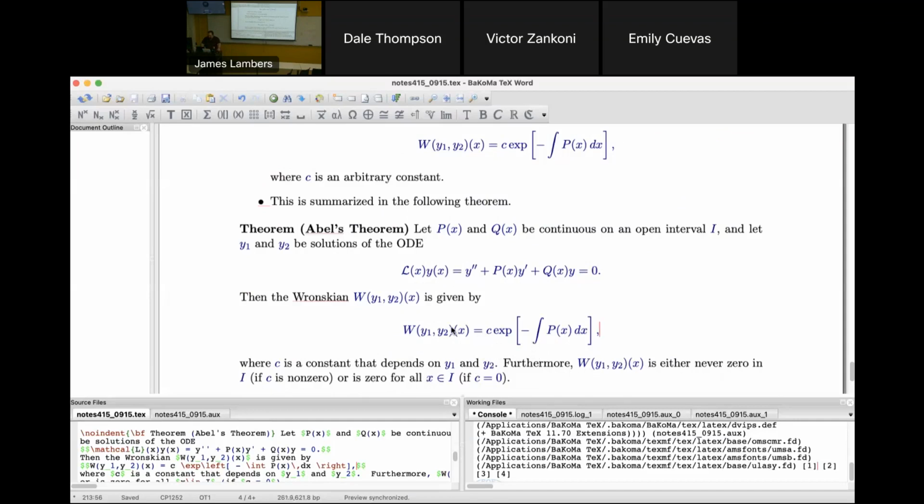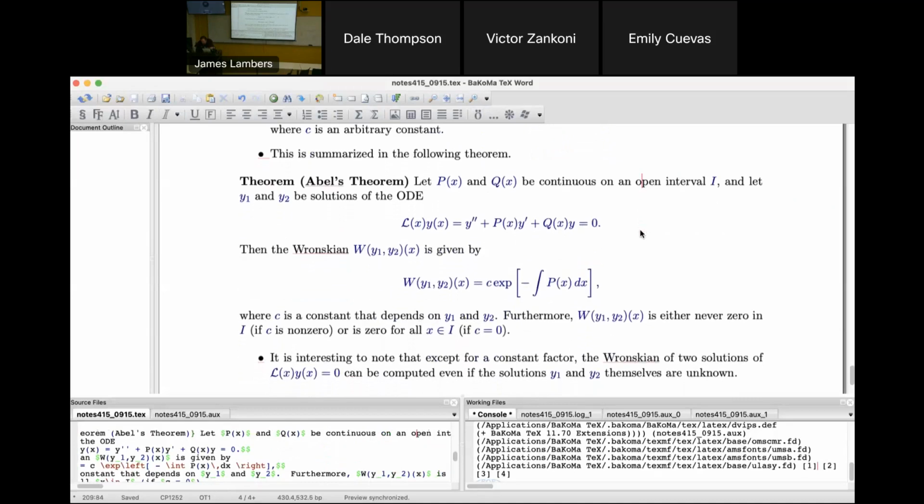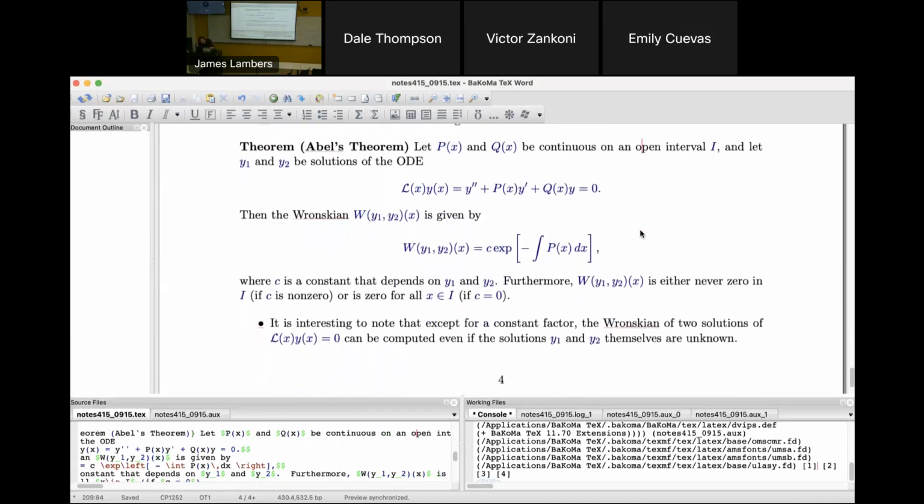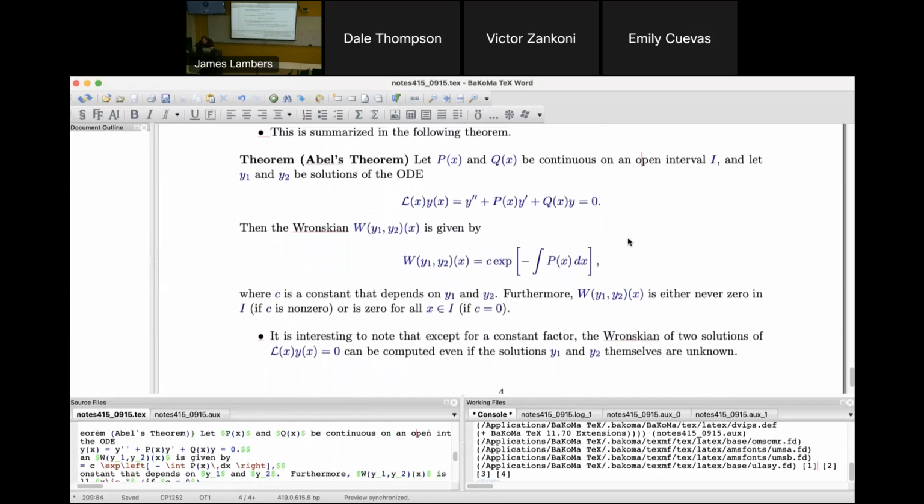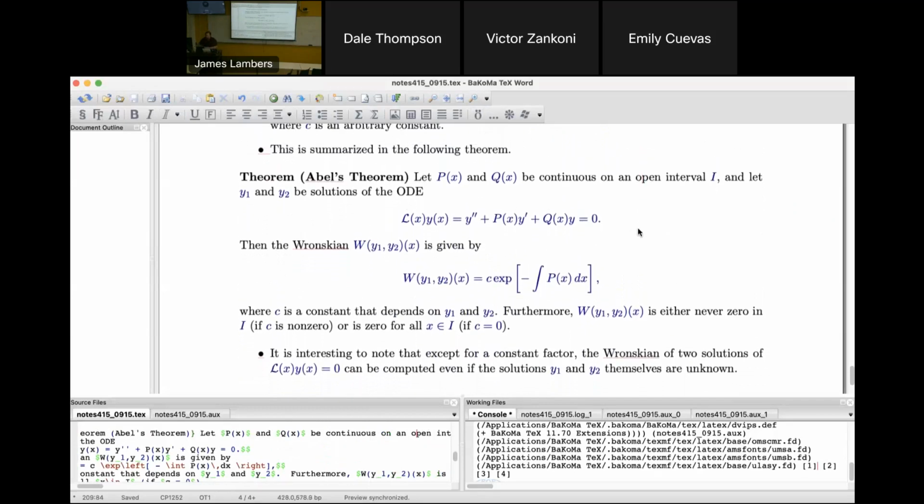But the nice thing is that we don't even know what y1 and y2 are. This is still a Wronskian. I read Abel's theorem.